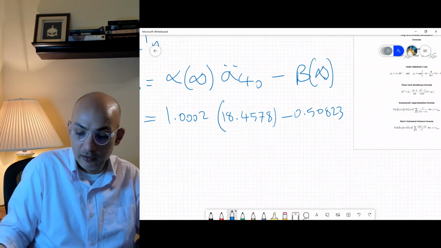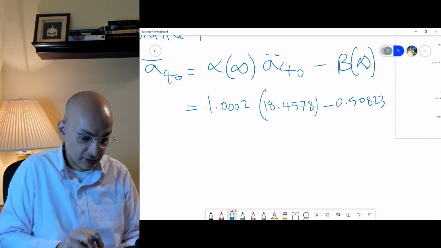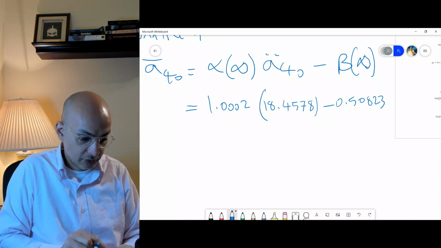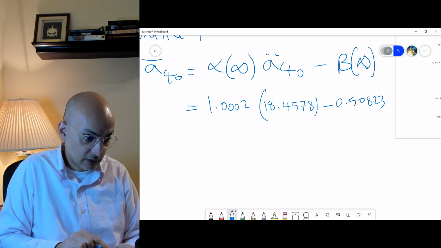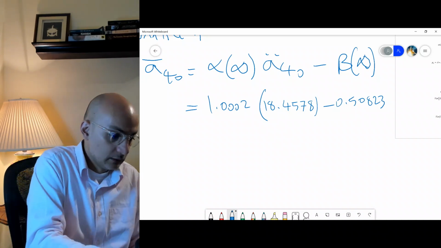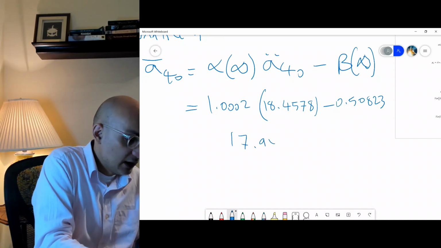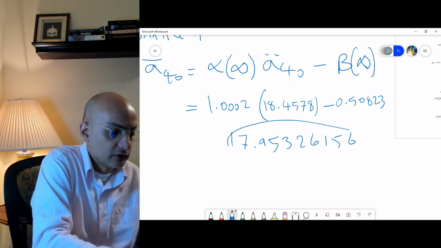Now let's see if we get the same answer or close to the same answer. So now 1.0002 multiplied by 18.4578, you subtract from it 0.50823. 17.9532615, should be very close.